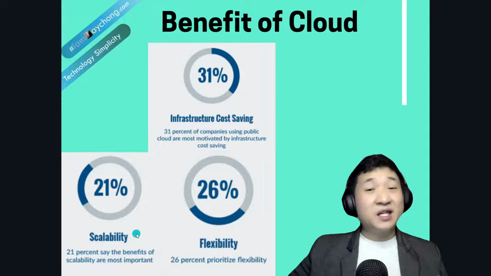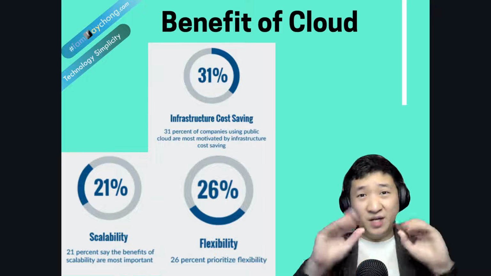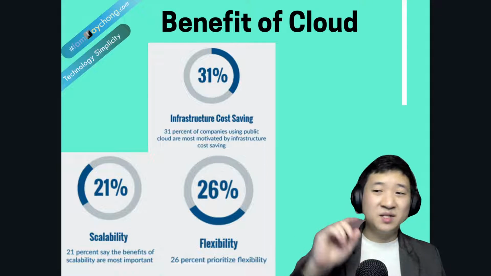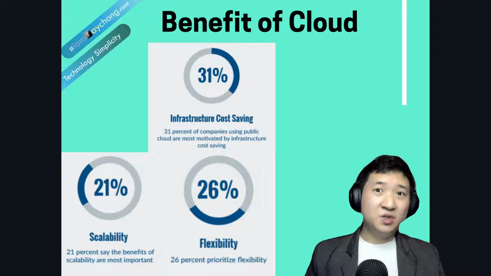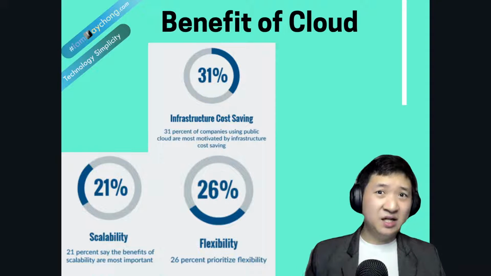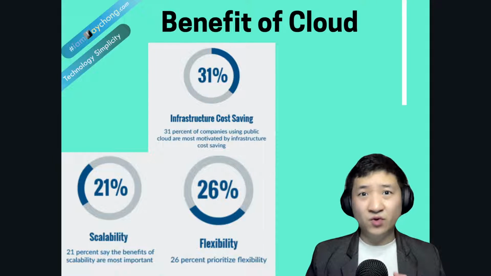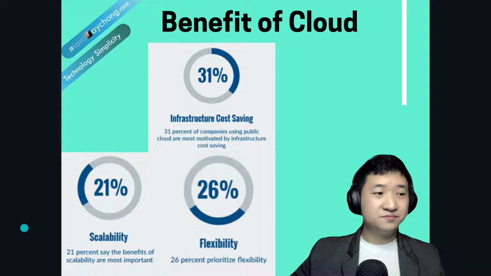Number 2 factor is scalability. Remember the previous graph I showed you, where you can duplicate a website to 8 slots? That is what we call scalability. One example: let's say today your website has 1,000 visitors. Then on the second day, because you have an event, you know your visitors will increase to, let's say, 10,000, which is 10 times what you have.